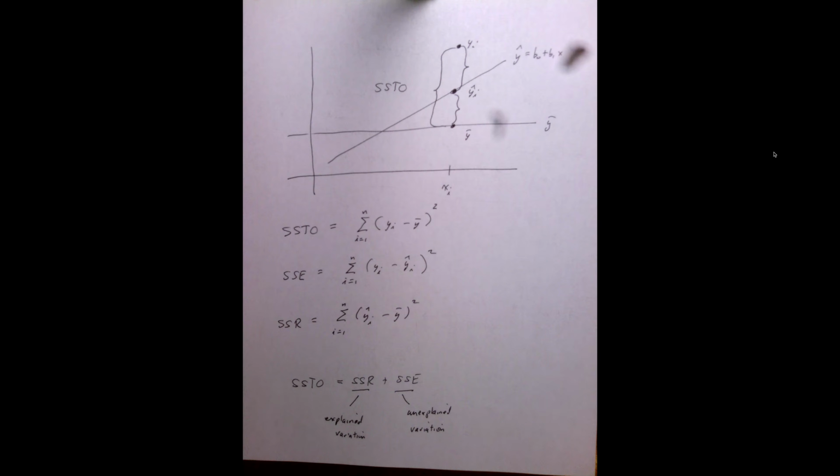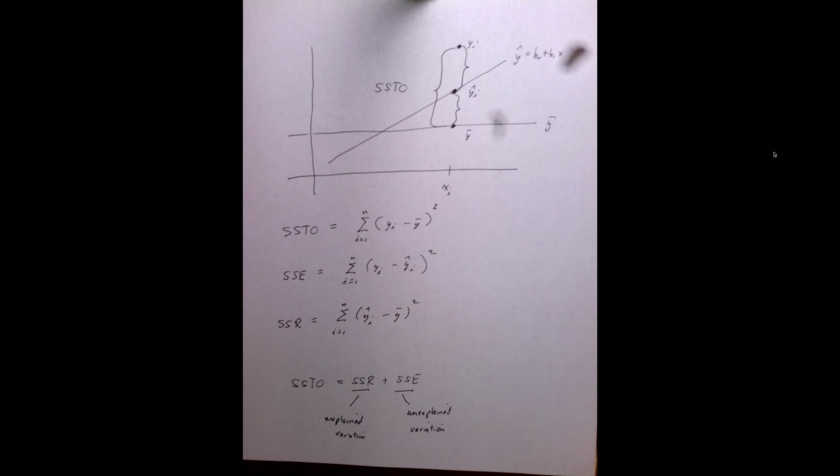For example, if I'm trying to predict the value of a stock, what it's going to be on a particular day, well, that stock varies, right? And I'm going to choose predictors that I'm going to use to make the prediction. Well, some of the variation in stock price, it's going to be 22.60 one day, 23.